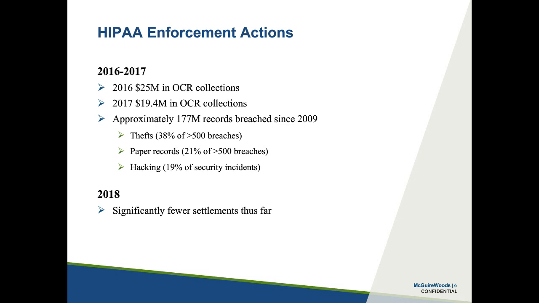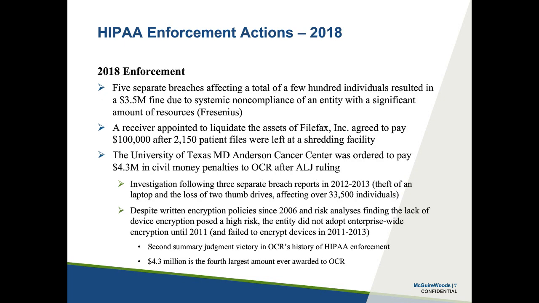Then in 2018, I can't believe we're almost into August already, so well over half of the year has gone by, and we're seeing a significantly smaller number of cases, really only a number that we can count on one hand of significant settlements. One of them had to do with a systemic issue where OCR had received breach notification reports on several occasions from the same entity, and finally took action saying, look, it wasn't a one-off, this is happening over and over.